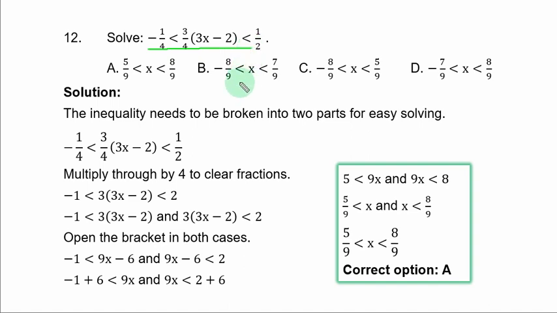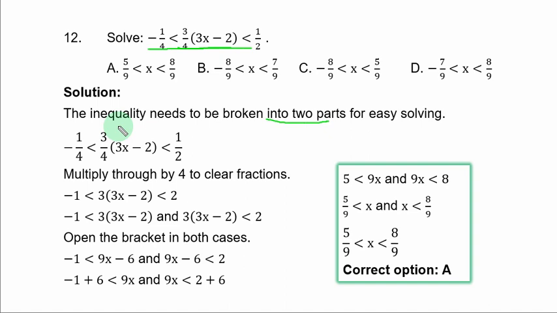You need to break the inequality into 2 parts. The middle term is the link between the first and third term. So the first and second term will form one inequality. Then the second and the third term the same thing.